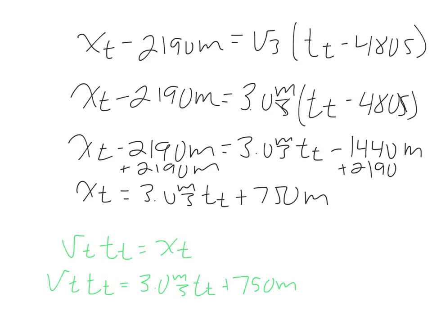I'm going on to the next slide because I ran out of room. My Vt was 3.8 meters per second, so 3.8 Tt equals 3 meters per second Tt plus 750 meters.